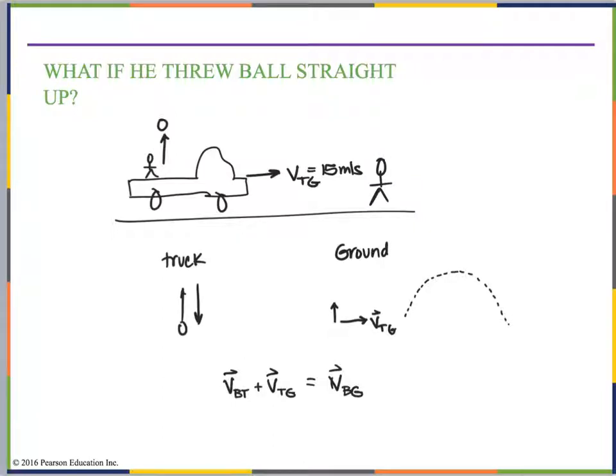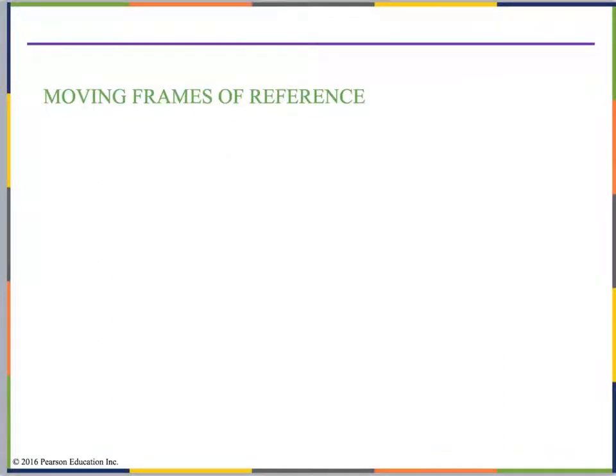We might look at something like trying to swim across a river, but the river's flowing, so you end up swimming in a diagonal line instead of going straight across. So we're talking about moving frames of reference and how velocities are determined when you're moving in different frames of reference.